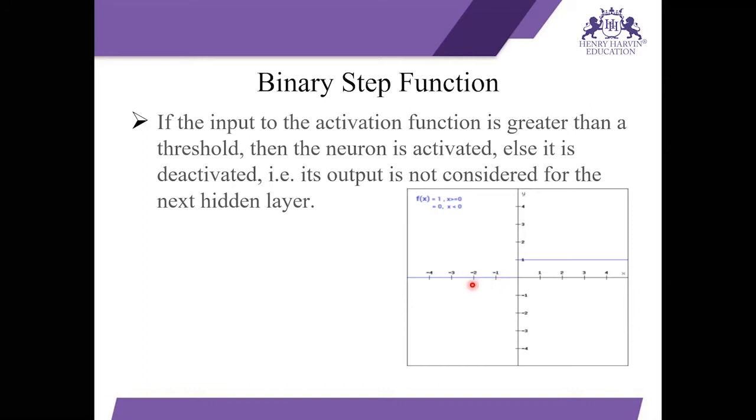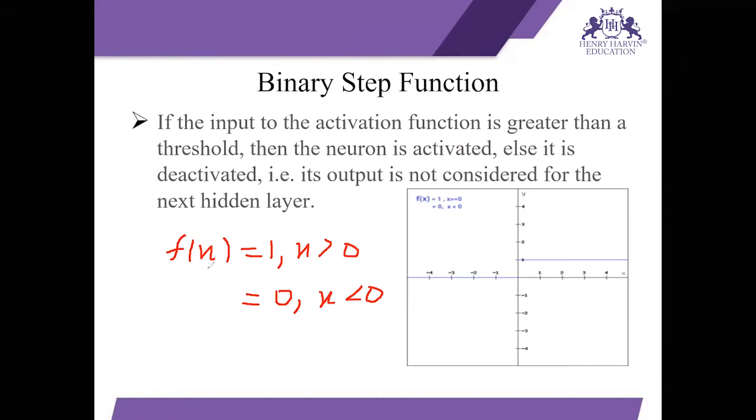So let me write that f of x is equal to 1 if x is greater than 0, and this is equal to 0 if x is less than 0. Hope it is clear to you. Whenever x is less than 0, f of x becomes equal to 0, and when x is greater than 0, then f of x will be equal to 1.